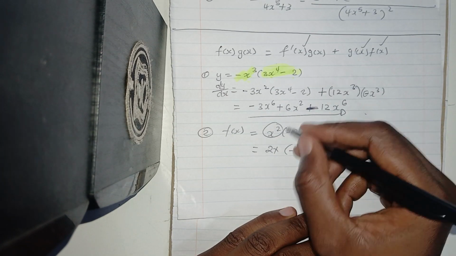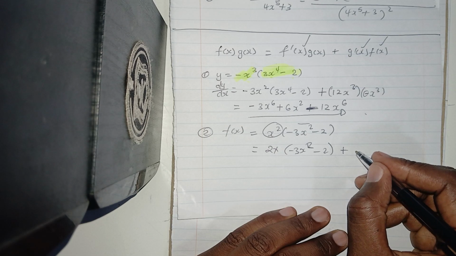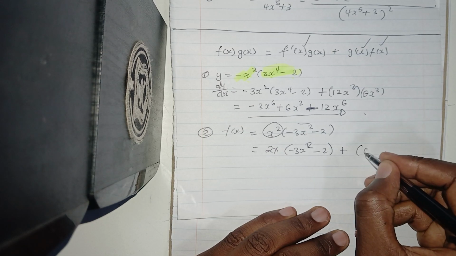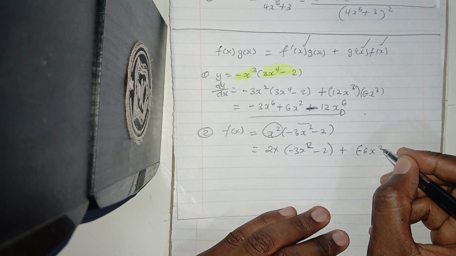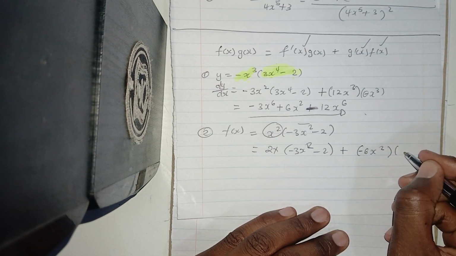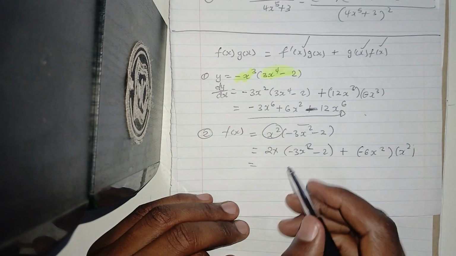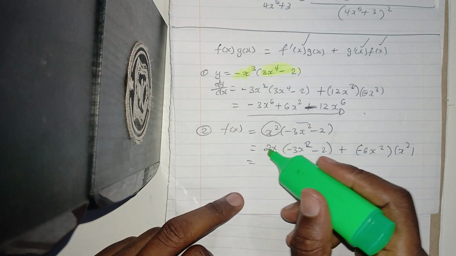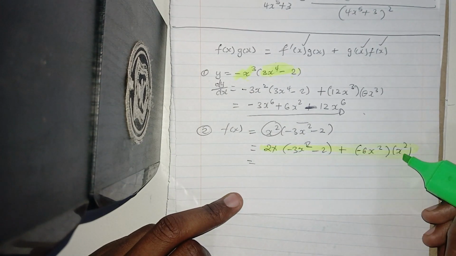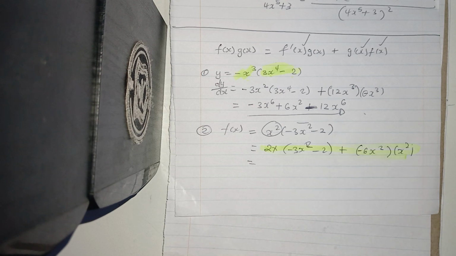So now you have to derive the second one, which is going to be negative 6x, then the original of x squared. So it's just going to be like this. You just have to distribute now, because now it's done. Then from there you're going to enjoy and celebrate.